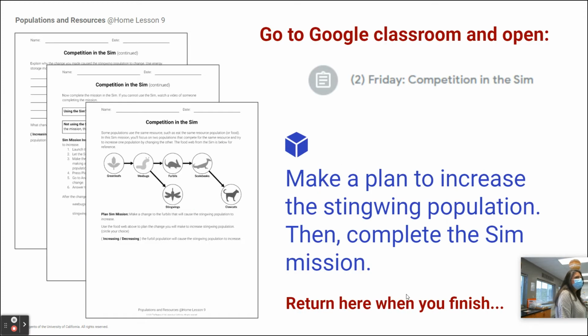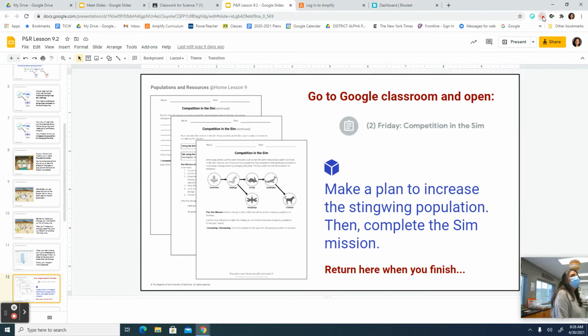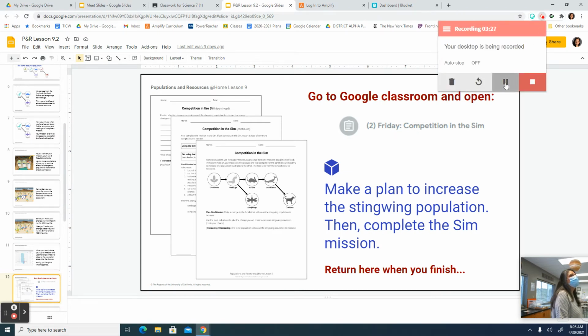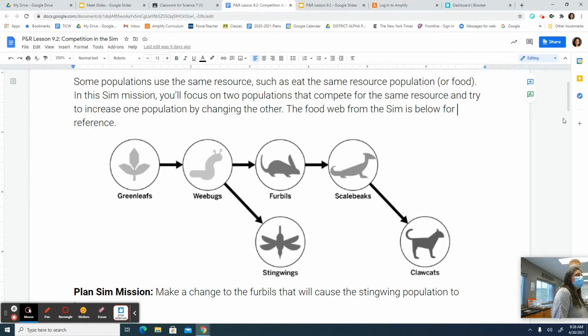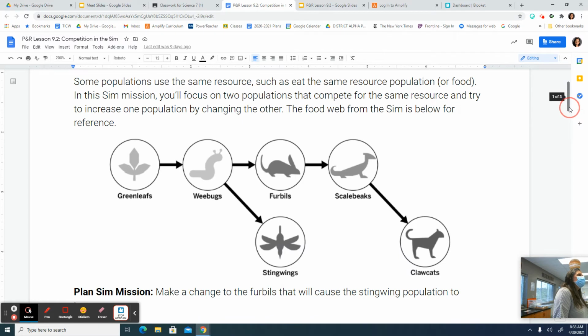All right, so let's now see if our computers are working. We're going to go to Google Classroom and open up the number 2. Okay, so this is our document, competition in the sim. Some populations use the same resource, such as eat the same resource population or food.